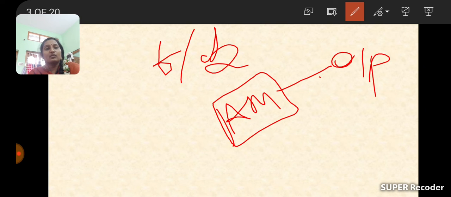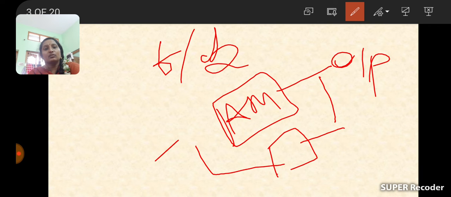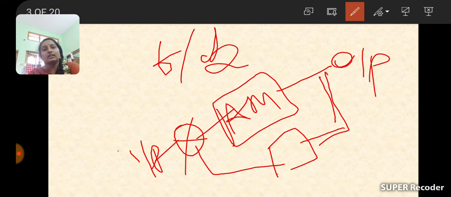So from this whole output, a sample of output is connected back to the amplifier, then that is called what? Feedback. What is meant by feedback? The fraction of output connected back to the input is called feedback.